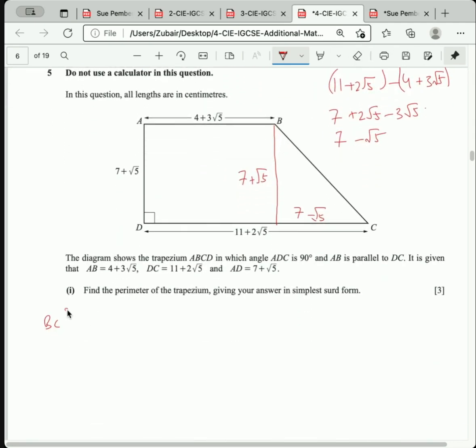BC squared is equal to 7 plus root 5 squared plus 7 minus root 5 squared, whole square root. A squared, 7 squared is 49, plus B squared plus 2AB. On the other side, A squared plus B squared minus 2AB. 14.